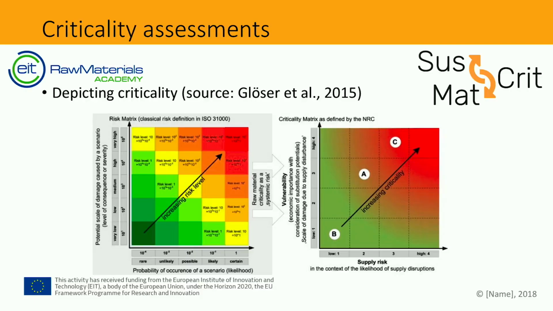In the case of critical materials, the unwanted event is defined as not having access to a resource. The probability of such an event is then defined as supply risk, and the impact is called economic importance or vulnerability to supply risk. The more important a resource is, the worse it is when access is restricted.